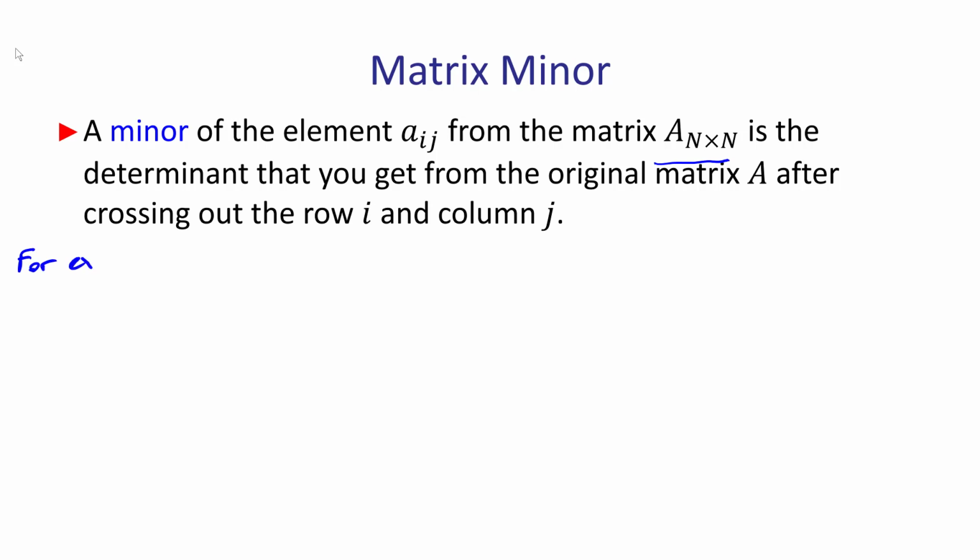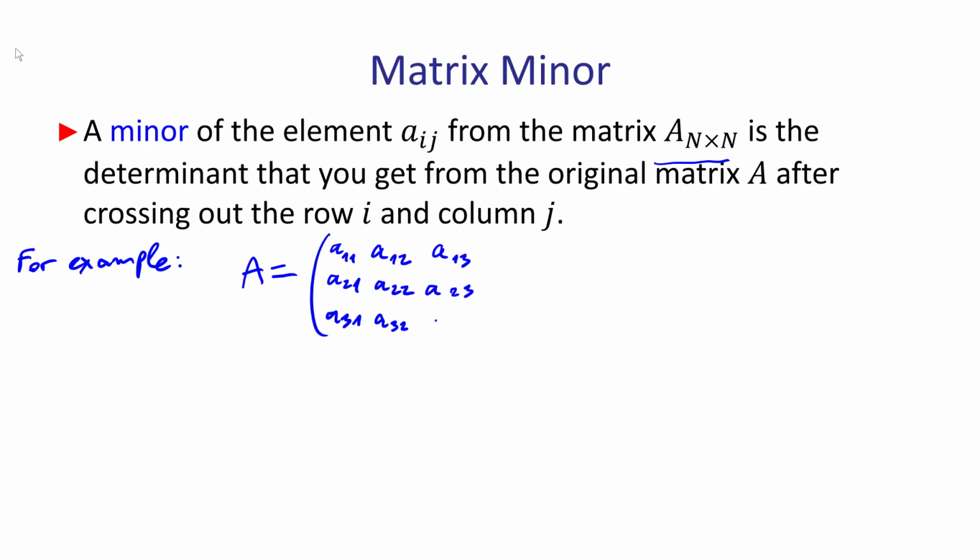For example, you have matrix A, which is 3 by 3. Let's say A11, A21, A31, and so on. And for example, you want to find a minor of A22. So this is the element that we are talking about.